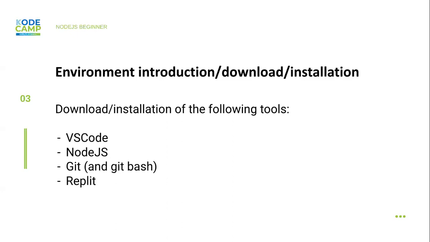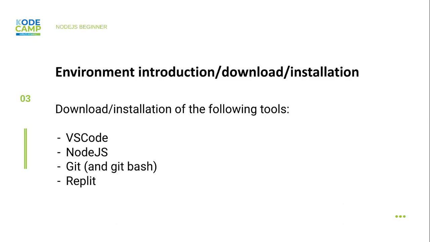Then Git and Git Bash. There is what is called Git, and Git Bash is mainly for Windows users, people who can't install Git using the terminal, so they have to download the Git file and open it.